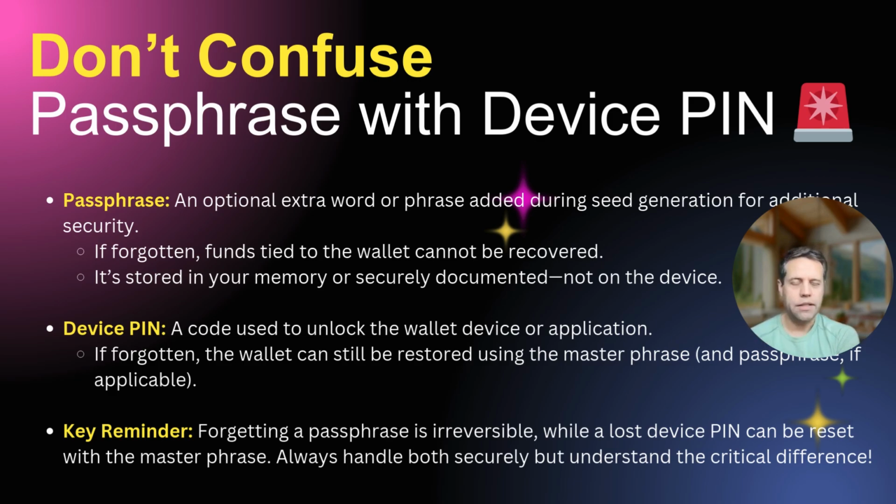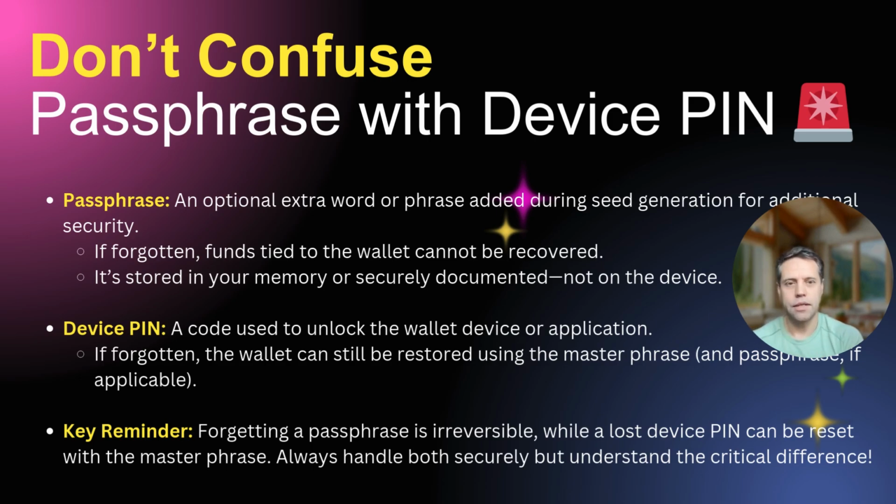But if you lose the master passphrase, then you're not going to be able to reconstruct your wallet. So at that point, it's important, before you lose your hardware wallet or lose the private keys, if they're stored elsewhere, like in the cloud, to make sure you transfer the funds into a new wallet, right? And then create a new master phrase.